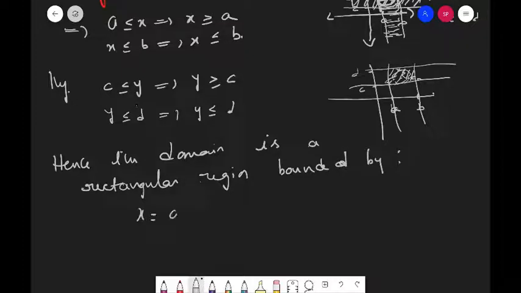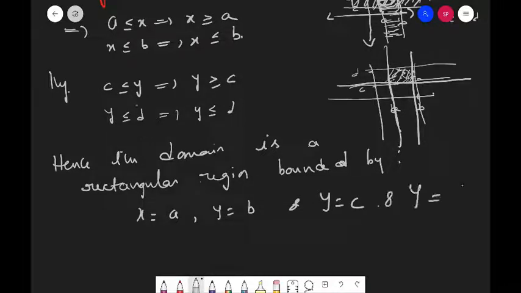x is equal to a, x is equal to b, this is x is equal to a and this is x is equal to b, and y is equal to c, this is y is equal to c, and y is equal to d, this is y is equal to d. So this is x is equal to a line and this is x is equal to b line, this is y is equal to c line and this is y is equal to d.